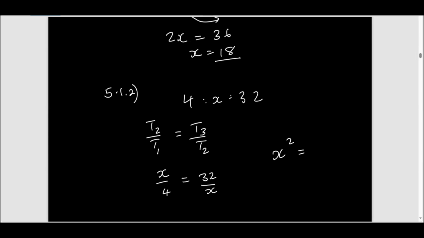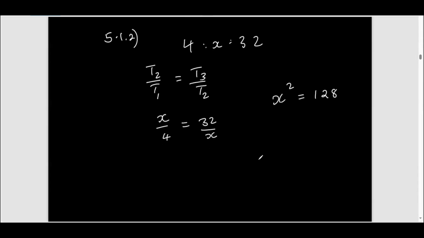And then 32 multiplied by 4, I'm ending up with 128. Okay. Then from this, I can find the square root. So what is the square root of 128? I'm getting 8 root 2. So which means x is gonna be plus or minus 8 root 2.